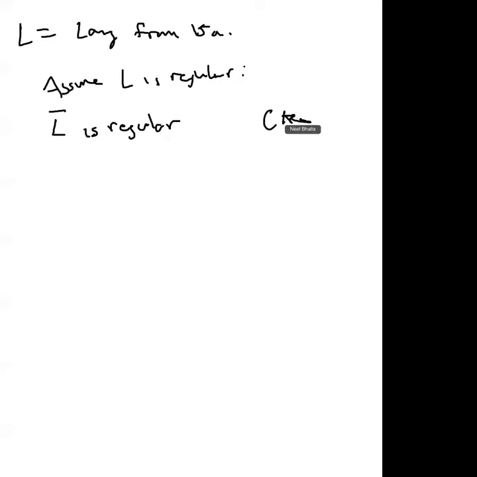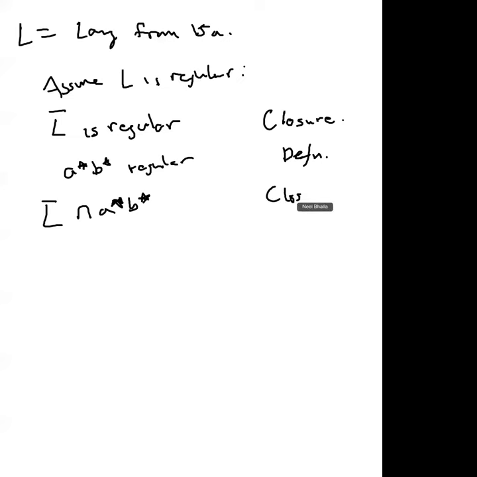We also know that A star, B star is regular by definition. So the intersection of the two languages must also be regular by closure properties.